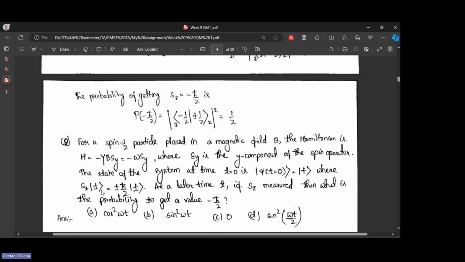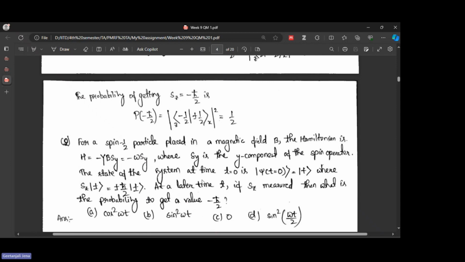If you see in the question, it is given Sz on the plus or minus ket equal to plus or minus h-bar by 2 in the same state. So this means the plus and minus are the eigenkets of Sz, with eigenvalues h-bar by 2 and minus h-bar by 2. The plus corresponds to plus h-bar by 2 and the minus is for minus h-bar by 2.